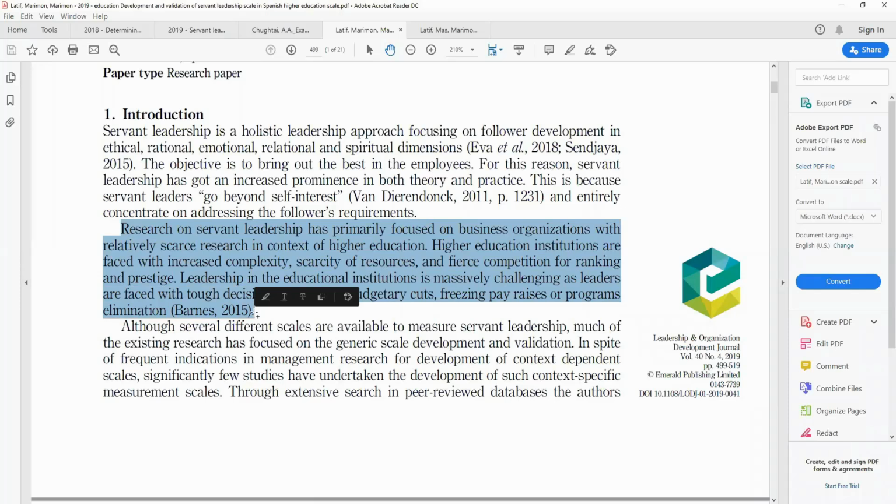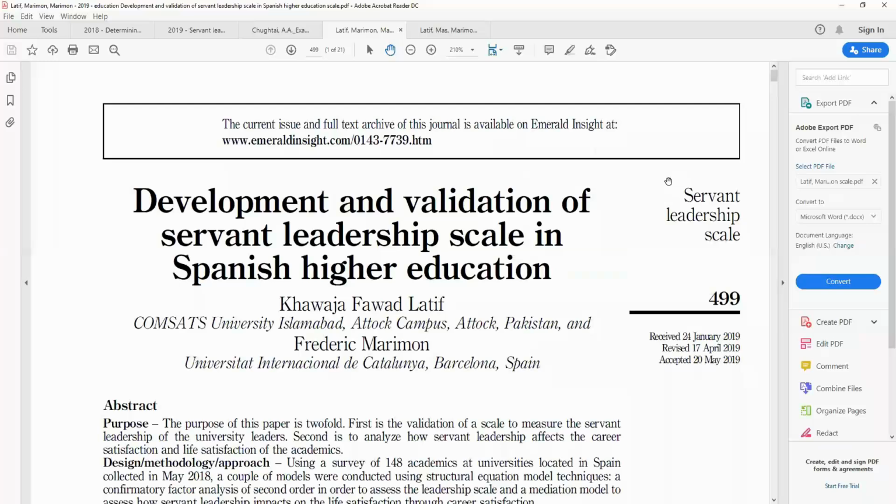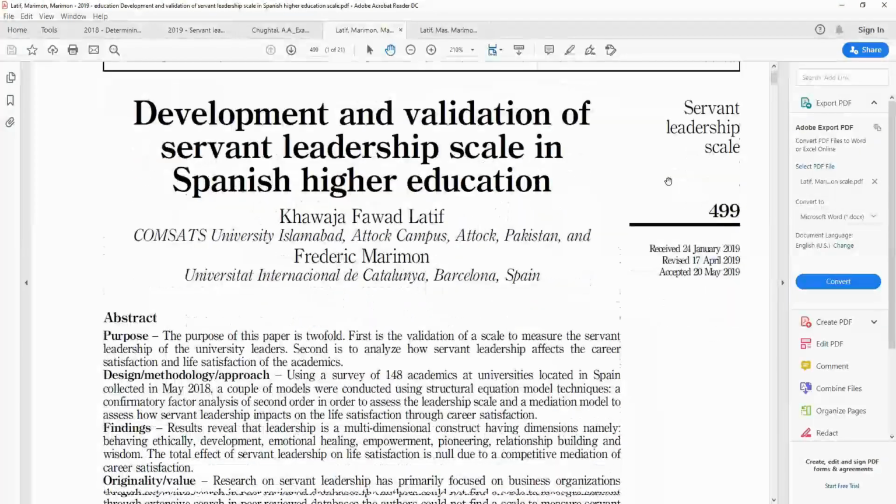In this case, they are focused on higher education institutions. Continuing in the same breath, they talk about further gaps or limitations of existing research, because the focus of this study is on development of a scale to measure servant leadership in higher education.